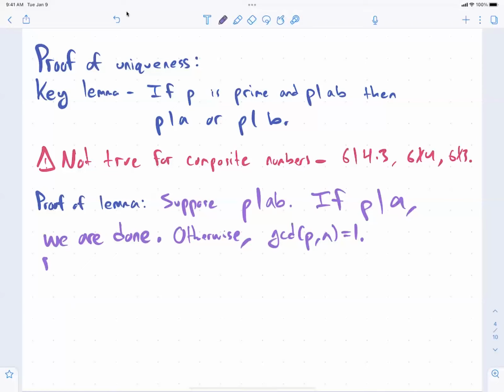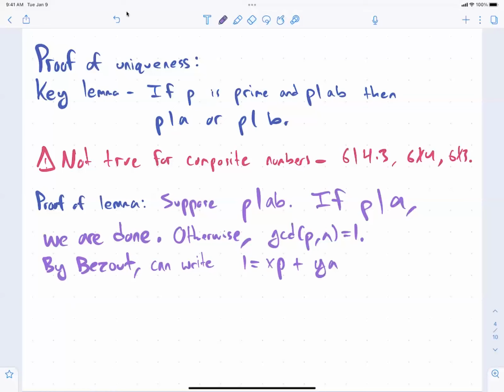We know by the Bézout identity, this thing where we unravel the Euclidean algorithm, we can write 1 as X times P plus Y times A. I'm going to massage expressions a bit.